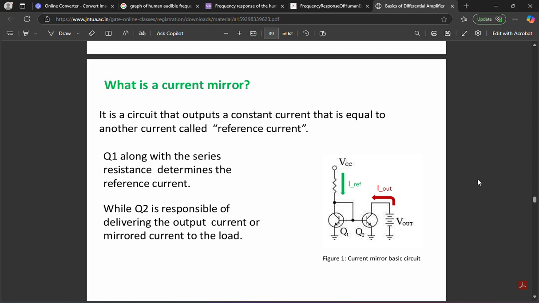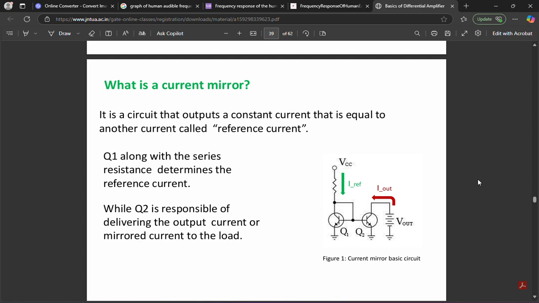What is the need for this current mirror circuit? In analog electronics you would have studied the various biasing circuits, that is voltage divider bias, emitter coupled bias, emitter to base feedback bias, etc. Also, while studying those biasing circuits, you would have studied factors such as the stability factors S dash and S double dash.